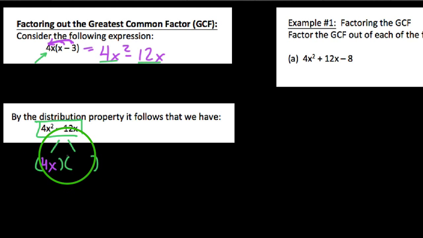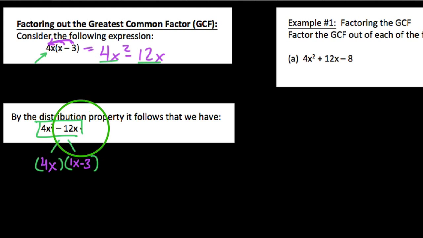And then what we write on the inside, since this is the opposite of multiplication or distribution, we'll be dividing 4x out of everything that was in there. So if we had 4x squared and we divided 4 by 4, we'd have 1 here, and we'd say x squared. If we took an x out of that, we'd be left with one single x. And then negative 12 divided by a positive 4 would be a negative 3.